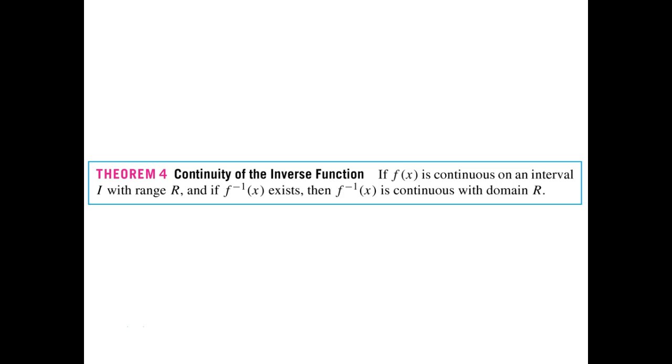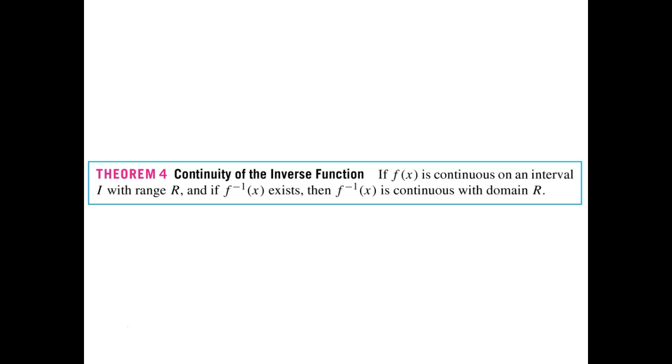Now there's another 2 terms that define what 1-to-1 functions are. The one term is monotonic. Monotonic means it's either always increasing or always decreasing. That's what it means to be 1-to-1. The other thing that means 1-to-1, the test: to be a function, you have to pass the vertical line test.